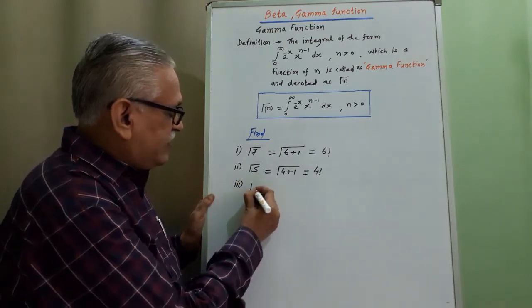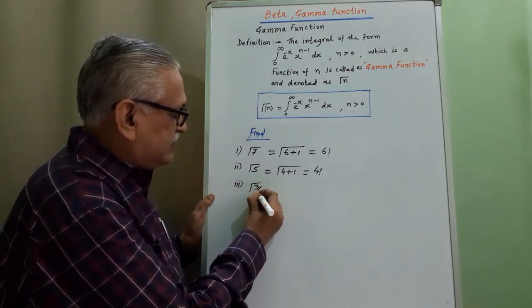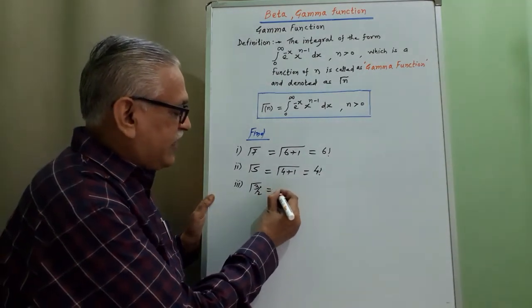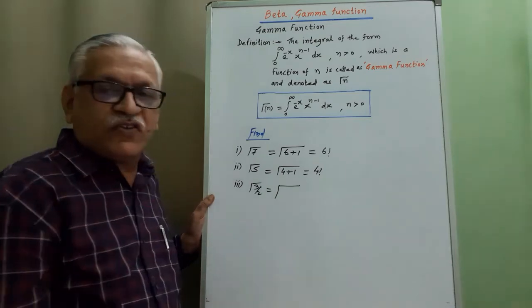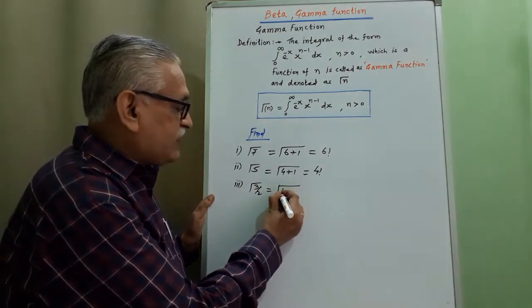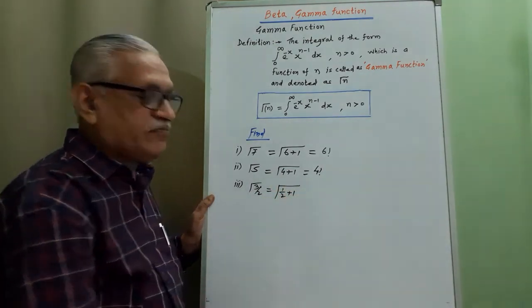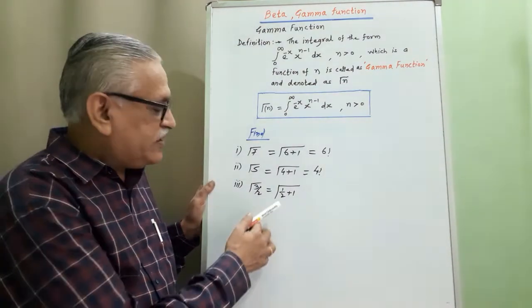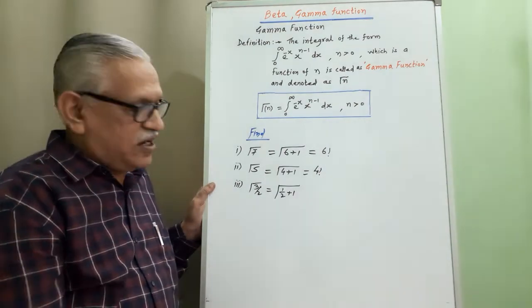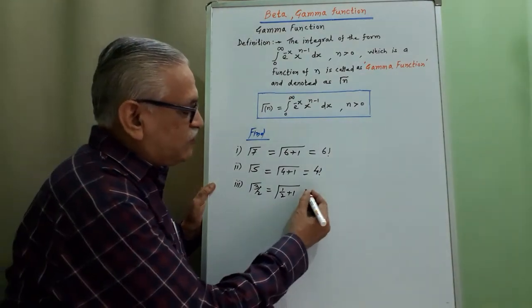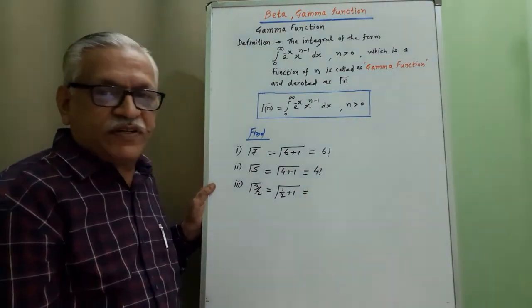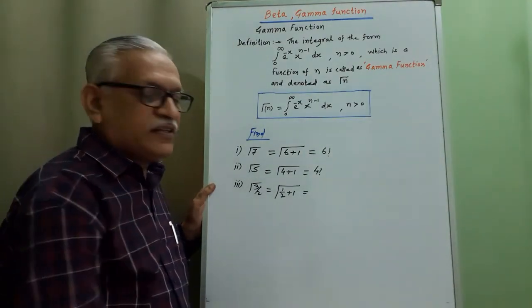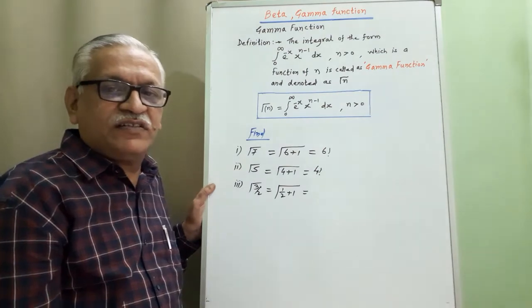Third, find the value of gamma 3 by 2. That gamma 3 by 2 we have to rewrite in the form of n plus 1. Therefore, it is 1 by 2 plus 1. I can rewrite that 3 by 2 as 1 by 2 plus 1, where n is 1 by 2, not a positive integer, and as it is not a positive integer, we apply the property that the value of gamma n plus 1 is n gamma n.